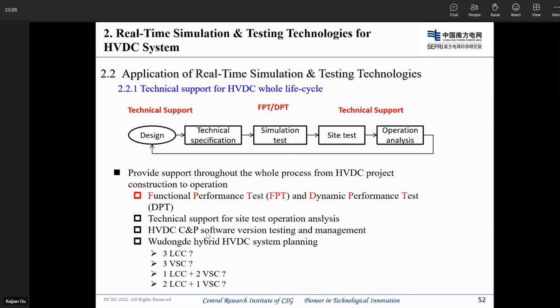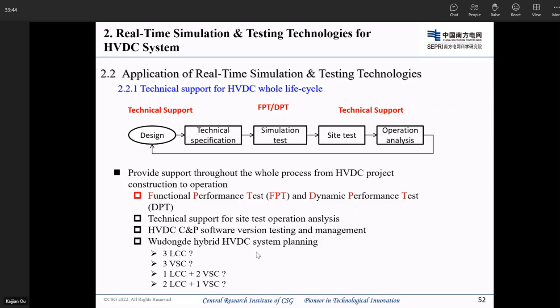If we check that after our simulation the HVDC has improved after it's modified, then we will give a report to the dispatch center, and then the dispatch center will modify the software on site. So this is technical support for HVDC operation. So this is the use of RTDS for HVDC projects and technical support.